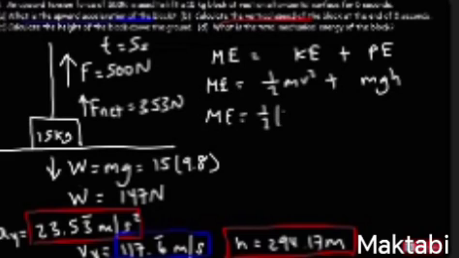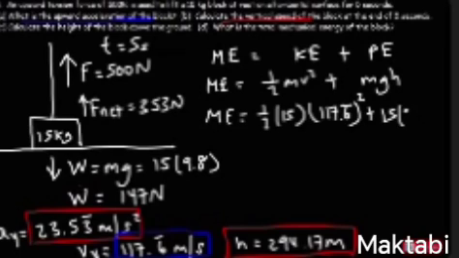So the mass of the block is 15 kilograms. The vertical speed is what we have here, 117.6 repeating, and we'll square that, plus the mass, which is 15, times g, which is 9.8, and then times the height, which is 294.17.